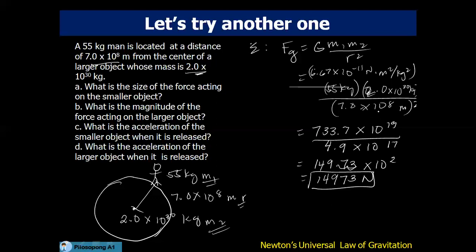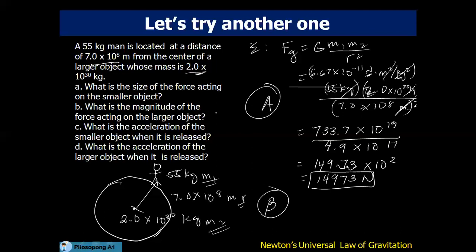Now, if we look at the units, we'll have a unit of newtons. Since we square the distance, we have here at the denominator the meter squared from the constant, and the kilogram can be canceled out from the given masses of the two objects, since it is in the denominator. So this is our answer for letter A.